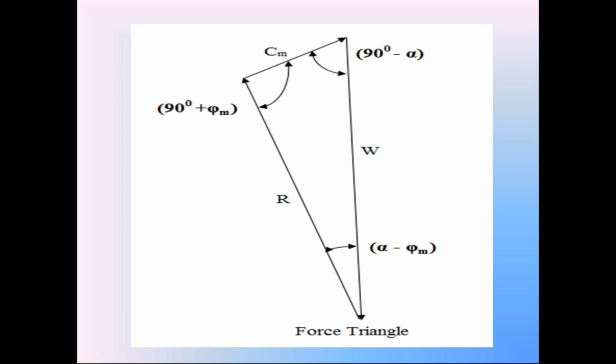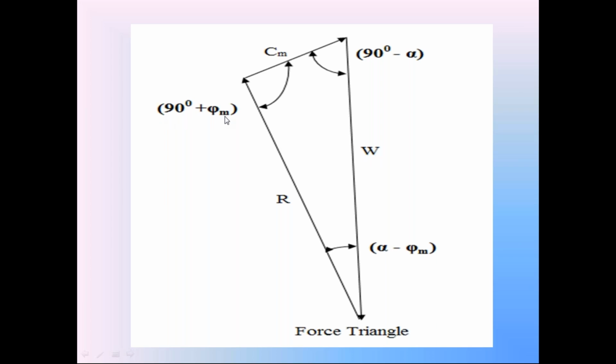So apply the sine rule in this force triangle. I am going to take only the two forces Cm and W in that sine rule. So Cm divided by sine alpha minus phi m is equal to W divided by sine 90 plus phi m.